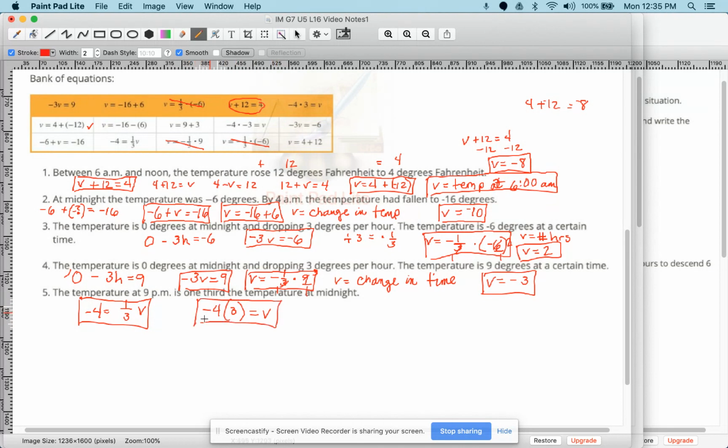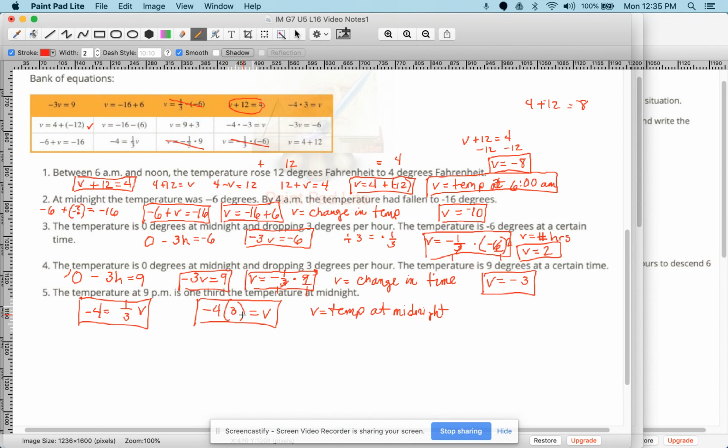And then they want to know, what does V stand for in this situation? Well, V in this situation would be our temperature at midnight, because they don't tell us that. Sorry, I'm running too close to the edge of my writing pad there. This is midnight. And then finally, they want us to solve it.